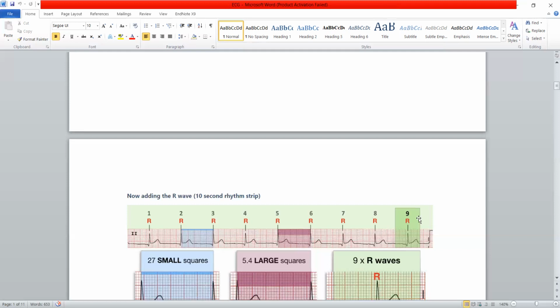From the rate, we can have an idea whether it is a normal heart rate, a tachycardia, or a bradycardia. So by calculating the heart rate, we can have an idea about any irregularity.